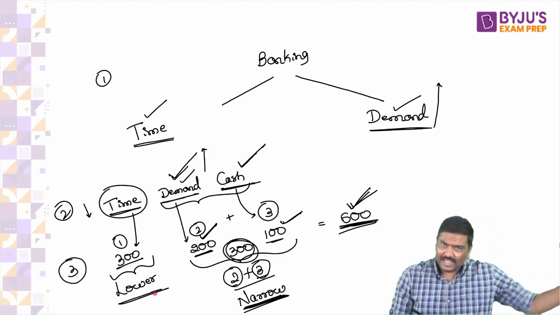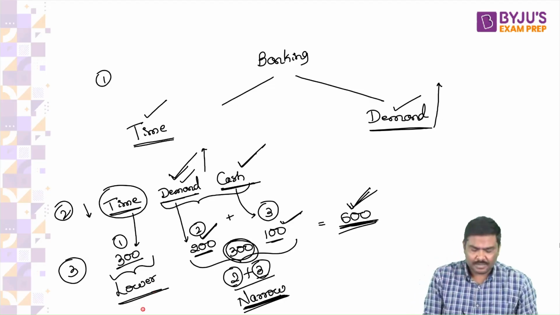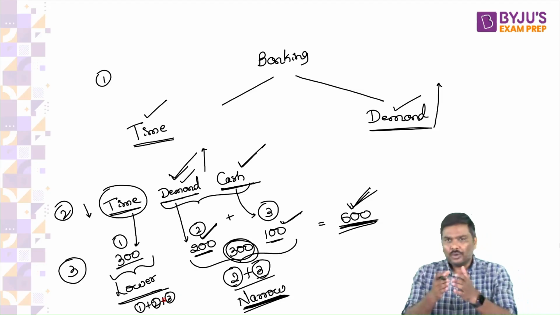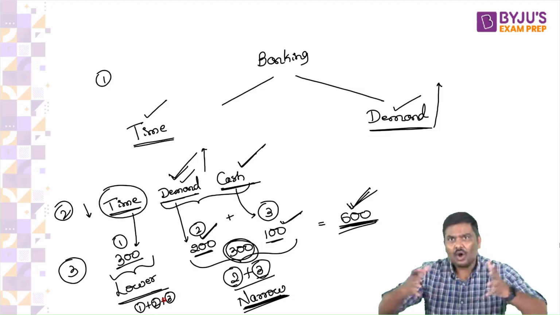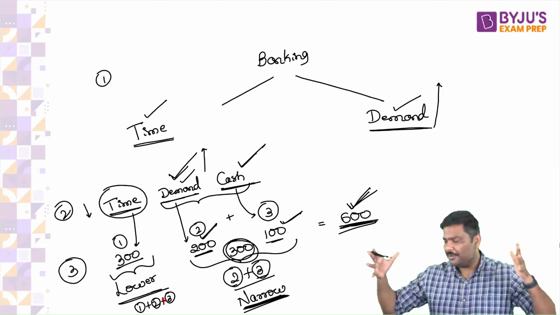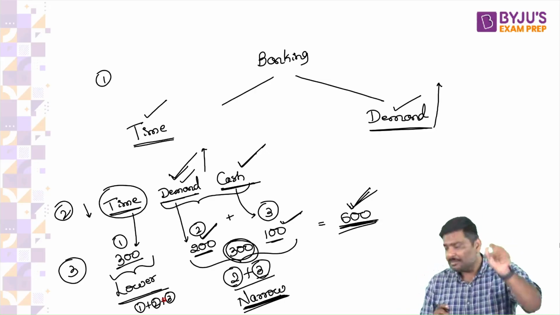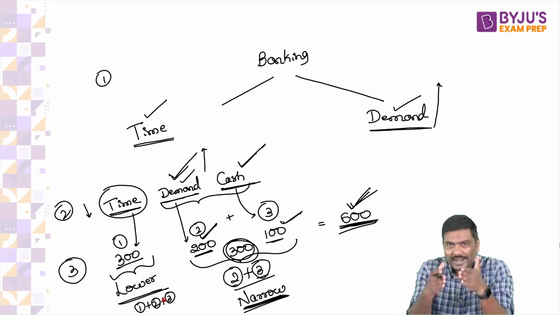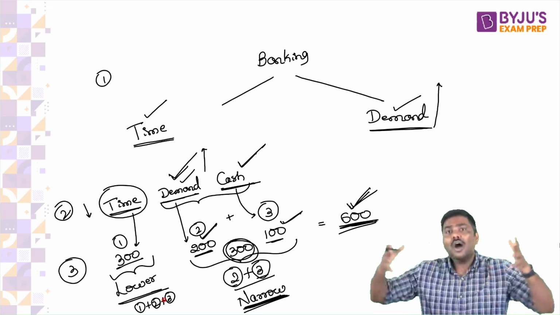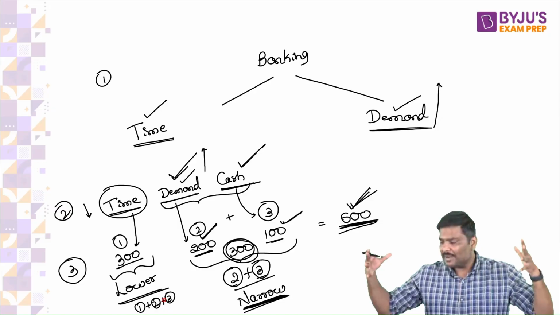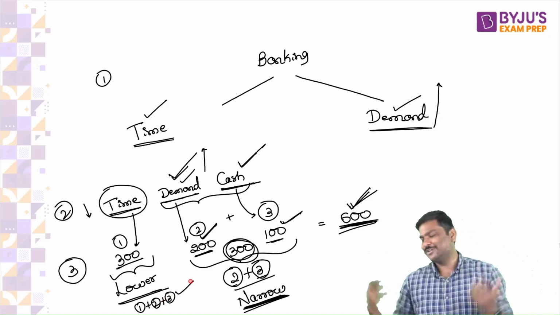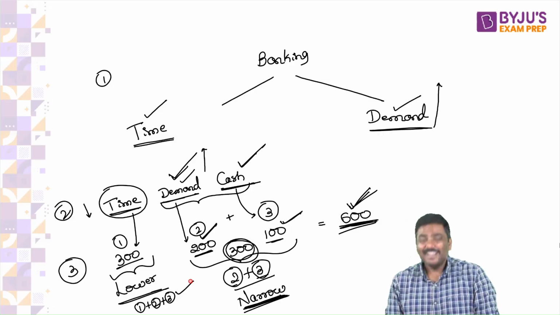And if I add even this time deposit, if I say simply 1 plus 2 plus 3, am I looking at a narrow money supply or am I looking at broad money supply now? Can I say I'm looking at broader money supply?